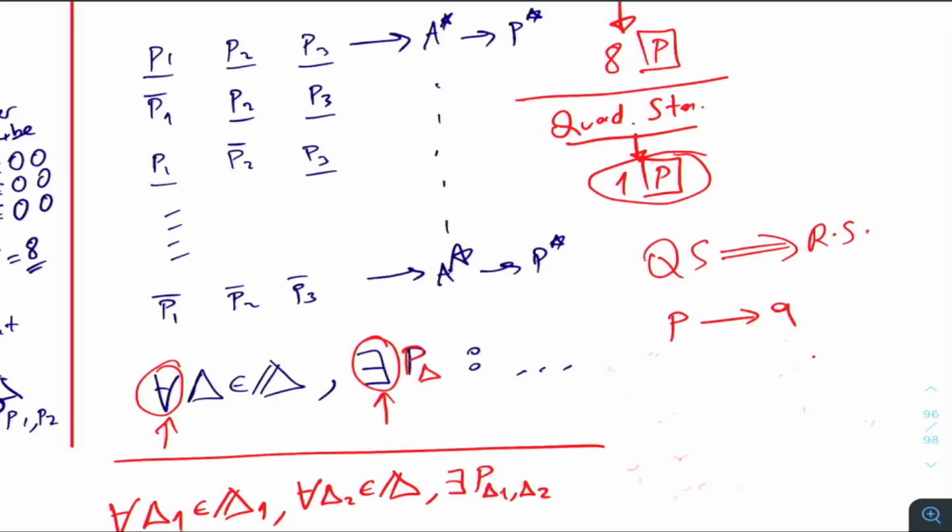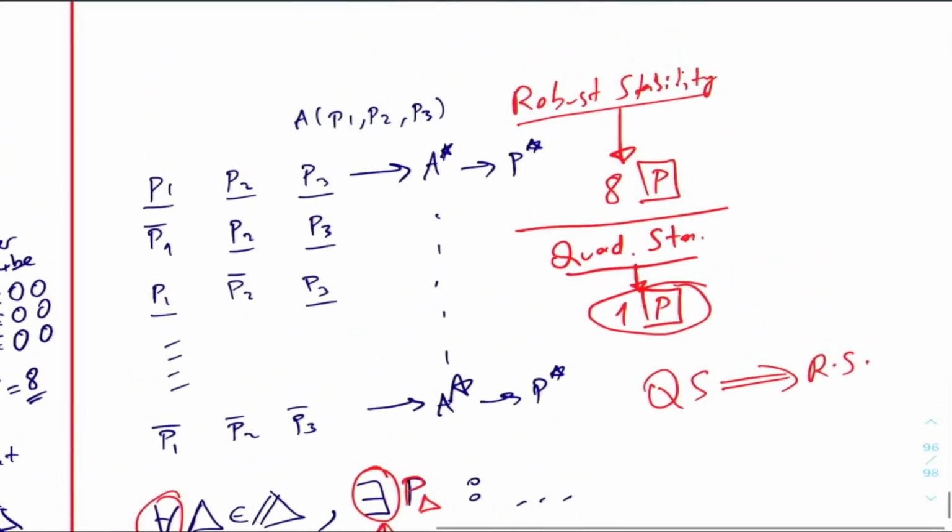However, if you have P if and only if Q, then P is a necessary and sufficient condition for Q, and Q is a necessary and sufficient condition for P. We would also like to say that.